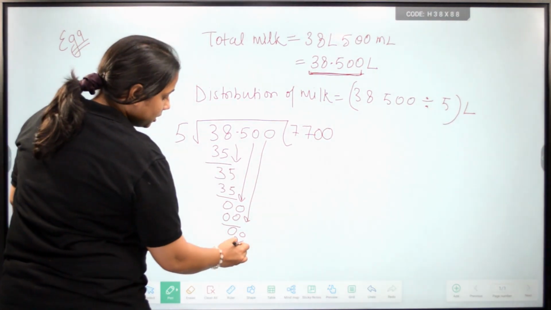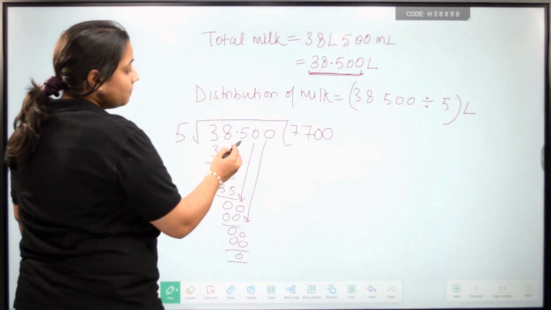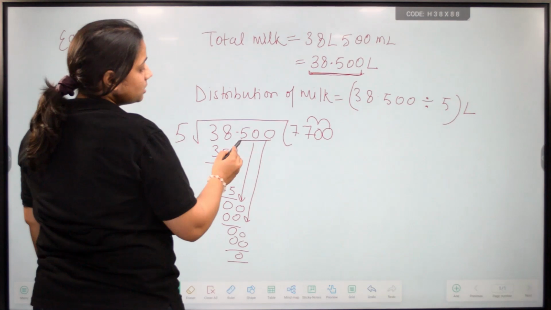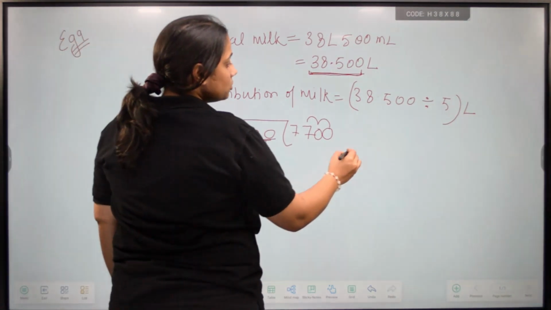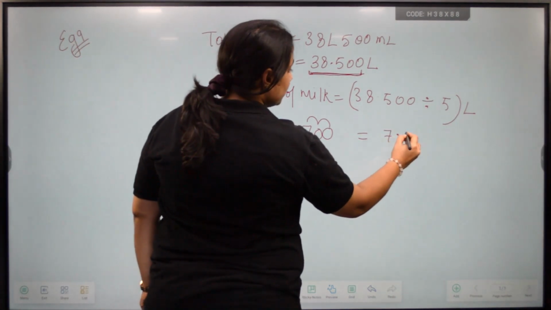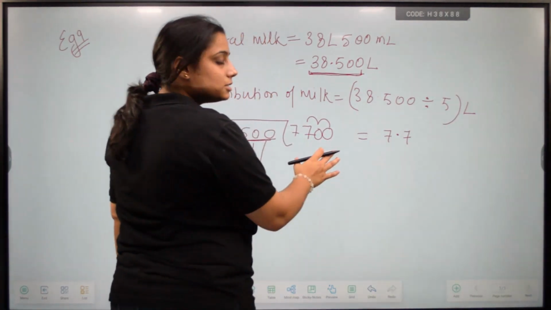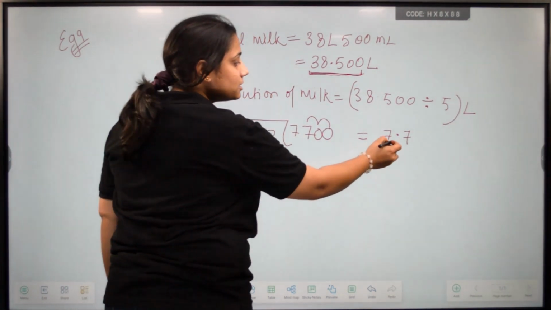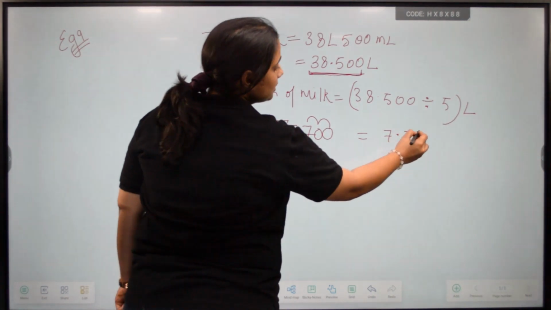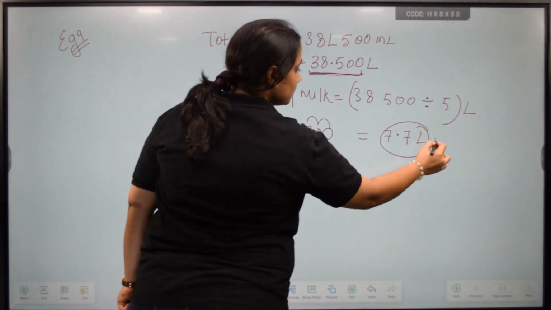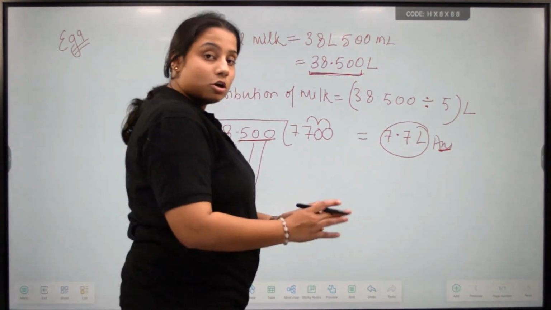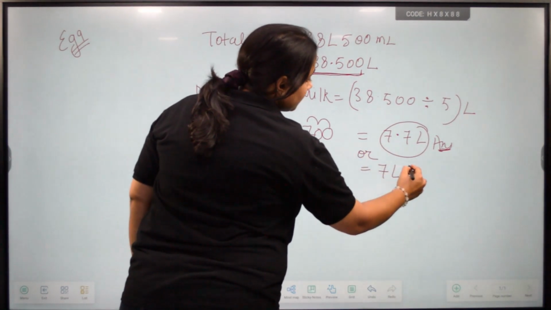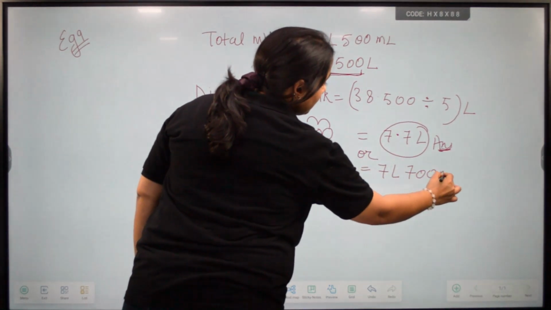So place the decimal after 3 digits since it has 3 decimal places. So it will be 7.7. I'm not writing the 0 here. So it will be 7.7 liters. So this is our final answer. Also we can write it as 7 liters 700 milliliters.